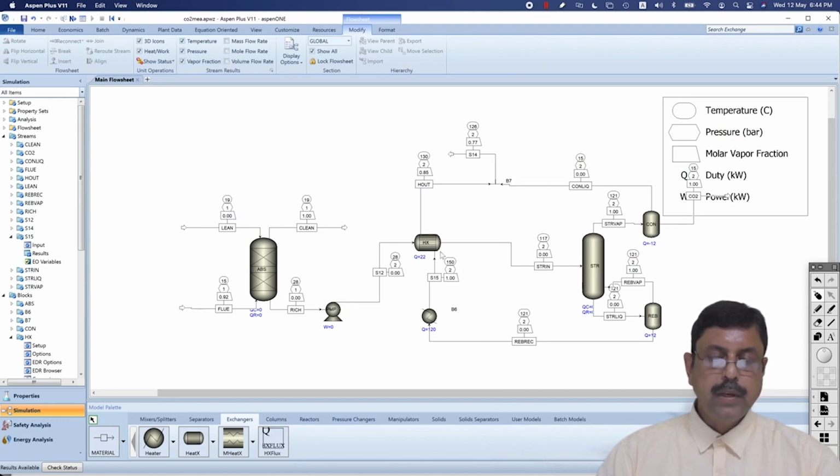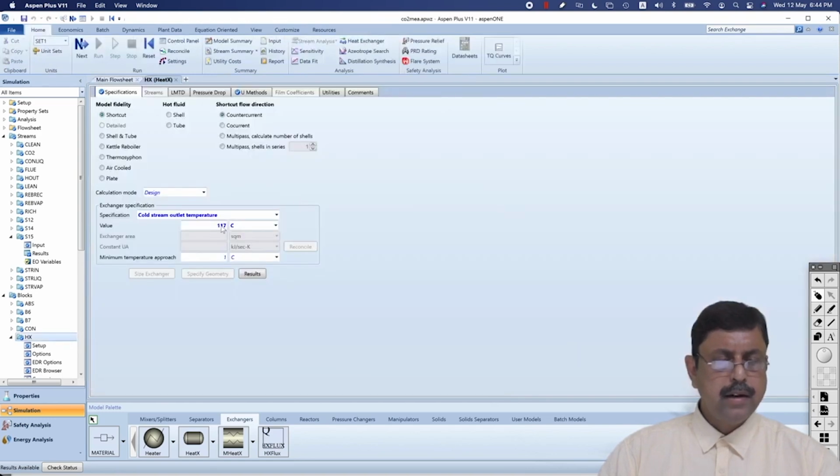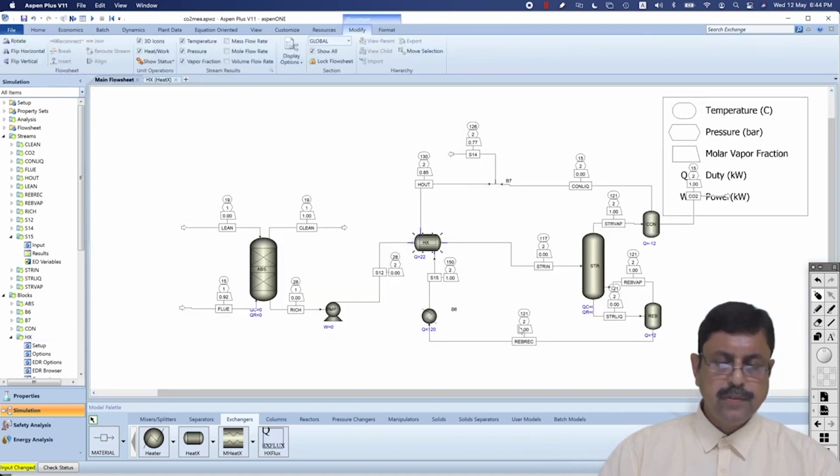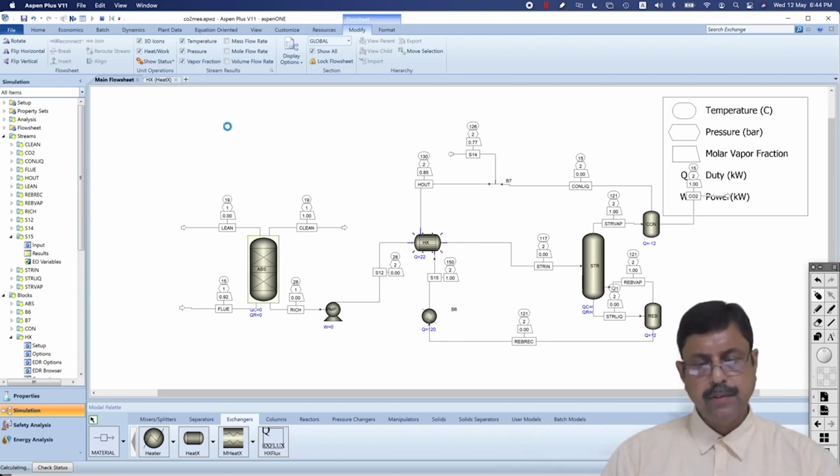So what we can do, we can decrease the temperature a bit. So instead of 117, let us take 110 degrees centigrade, so that the temperature difference between this end and this end is a bit higher, and run the simulation once again.